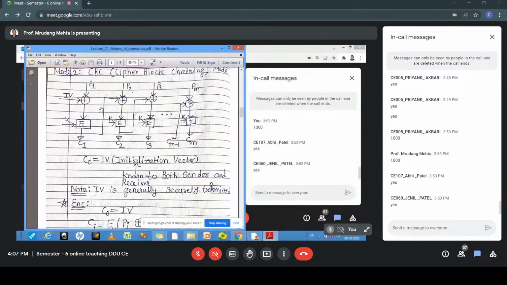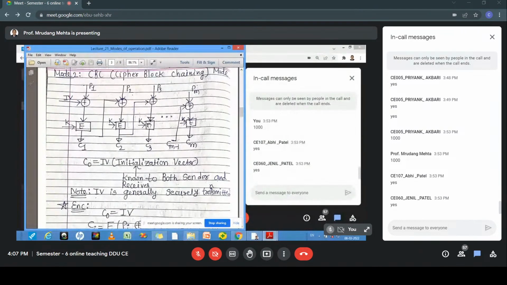So this is actually creating a chain, right? So P2 XOR C1, the output of that goes to encryption with key K, and it generates C2. C2 XOR P3 generates the input for the encryption block.